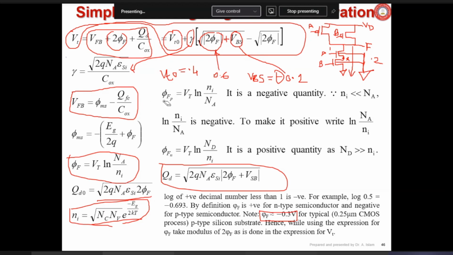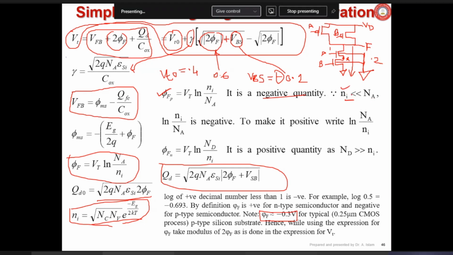If it is a PMOSFET, then phi P is denoted by phi P equals Vt natural log of Ni by Na. It is a negative quantity because Ni is much less than Na.